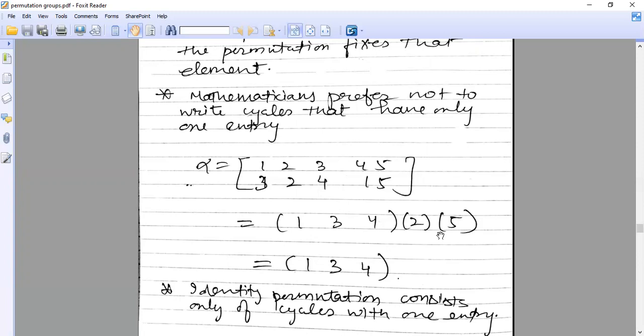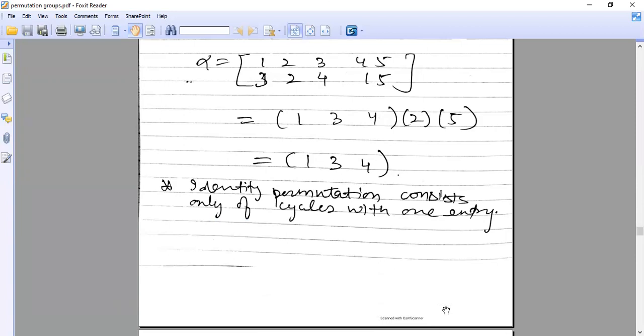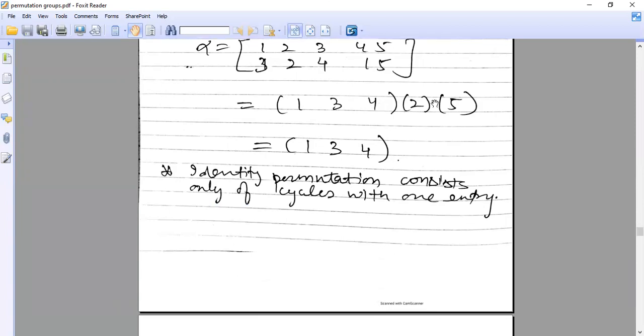We do not prefer to write single-entry cycles. So they are the same. You write them or you do not write them, it doesn't matter. They are basically the identity permutations, you can say. Identity permutation consists only of cycles with one entry.